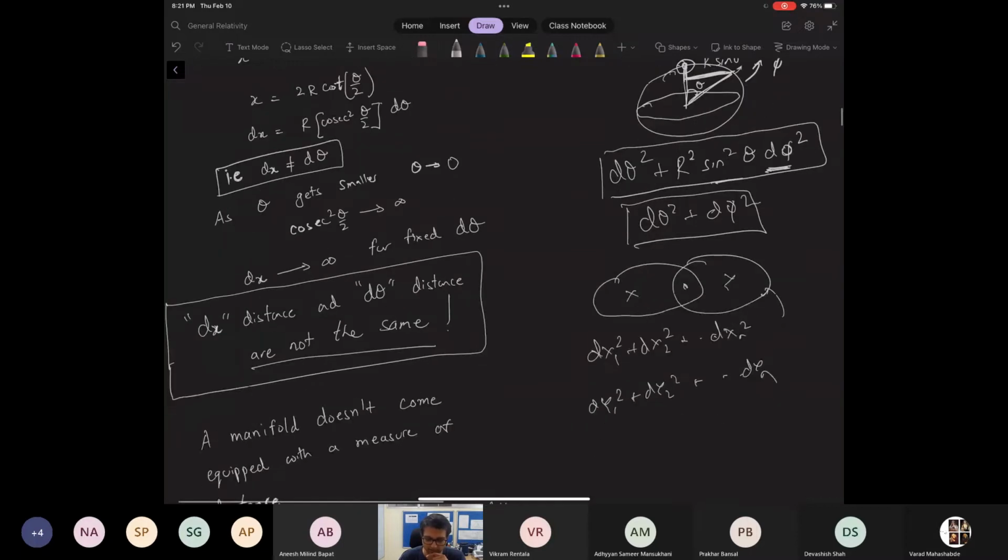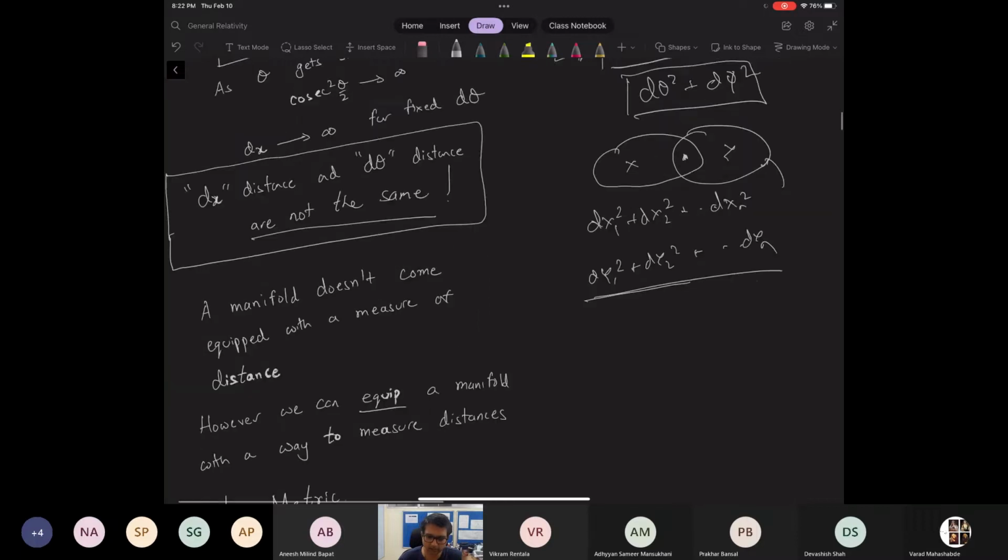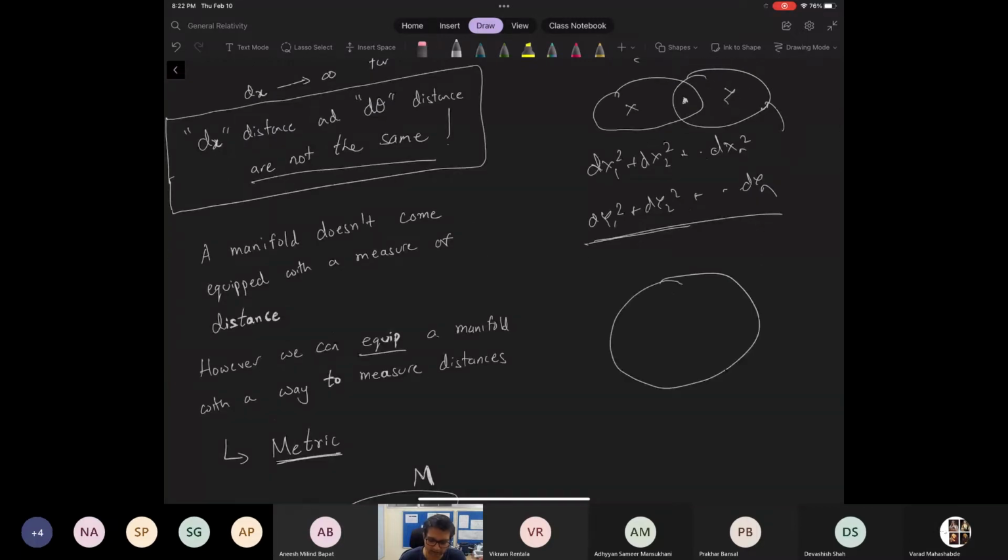For example, in the case of the sphere, this would be wrong, right? If you actually had this distance measure, you can't just arbitrarily impose this in any coordinate system. In the case of a sphere, I can take 2 overlapping coordinate patches, and basically I'm describing the same space using 2 different sets of coordinates.